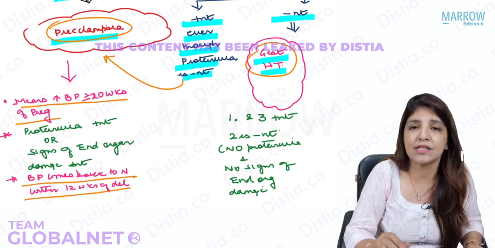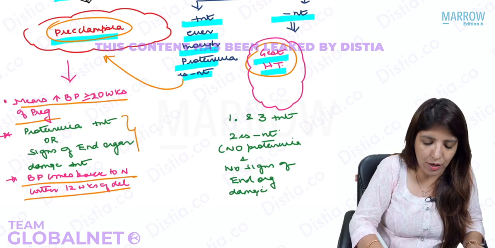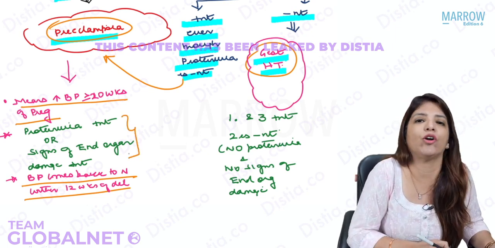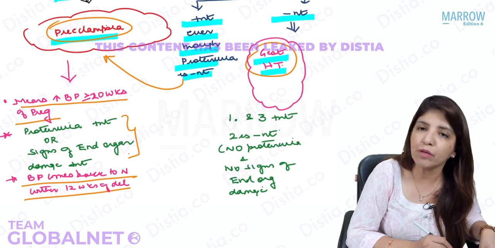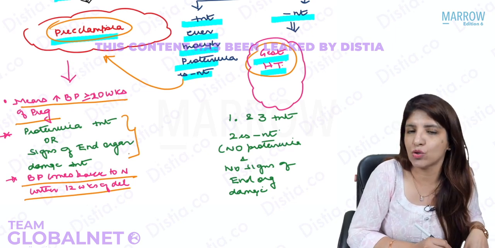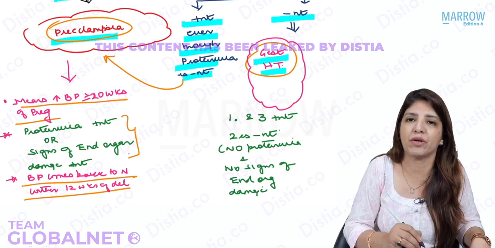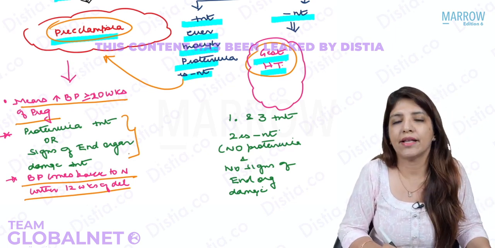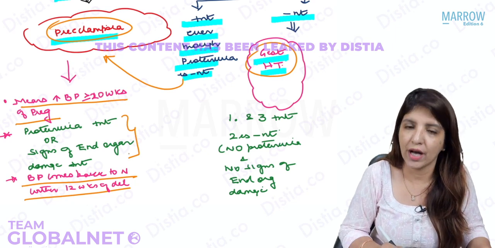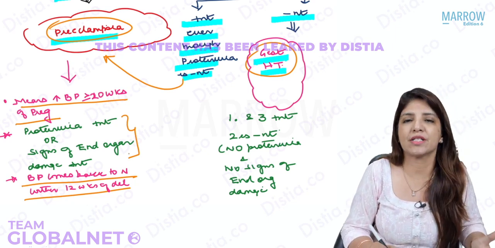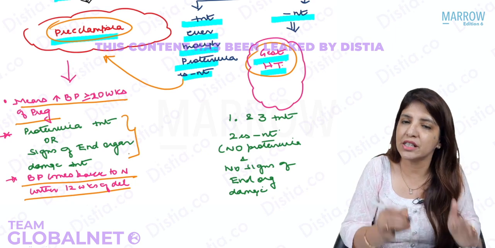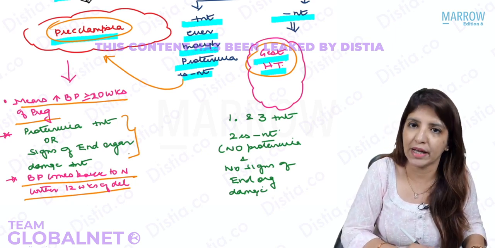The difference is that in preeclampsia, proteinuria could be present or signs of end organ damage would be present. So either proteinuria would be present or signs of end organ damage would be present. It is not necessary that proteinuria should be present; then only we say that we are dealing with a case of preeclampsia. If proteinuria is absent but signs of end organ damage are present, still we say that we are dealing with a case of preeclampsia.